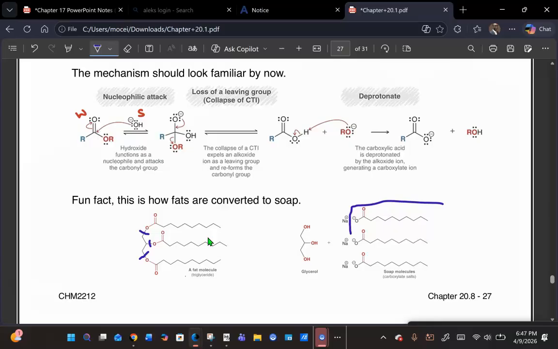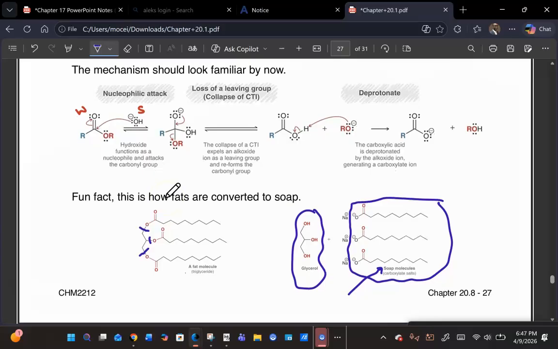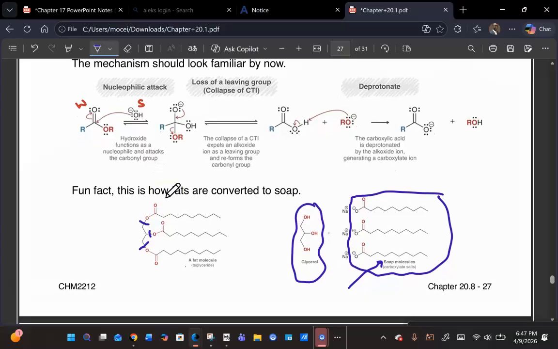You get these carboxylates, which basically are soap. They just boil it in sodium hydroxide. It's very easy. They call it caustic soda. And glycerol is not trashed. Glycerol is actually used as a coolant and a lubricant.